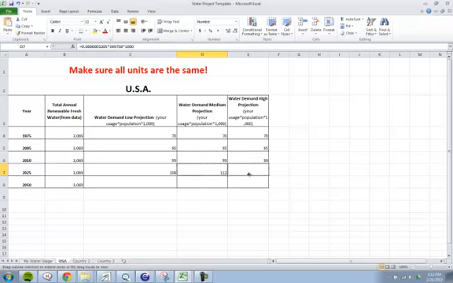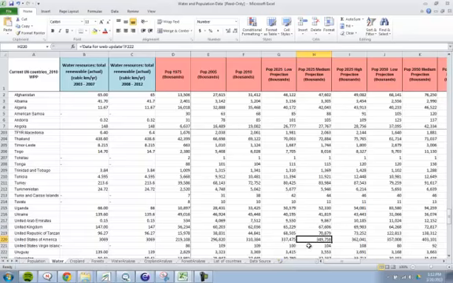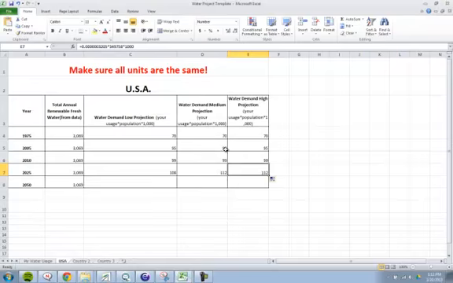And again, I'm just going to drag this cell over, and I'm just going to change the population in the middle. So the high projection for 2025 is 362,041. So I'm going to take out that middle one and put 362,041. You can see how it's steadily increasing the demand of water as the population increases.